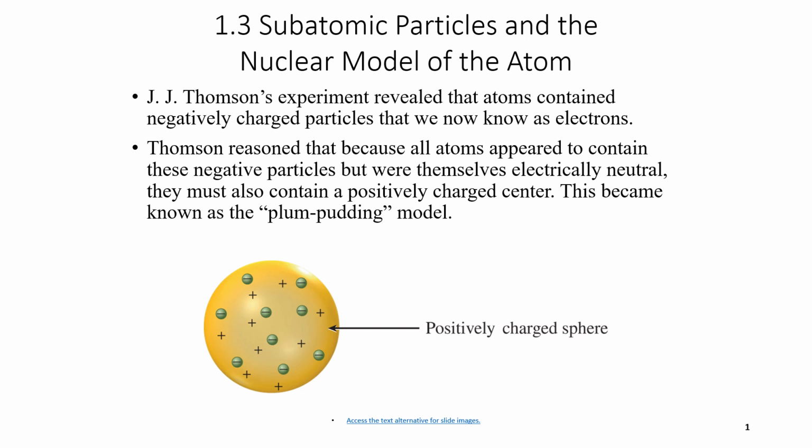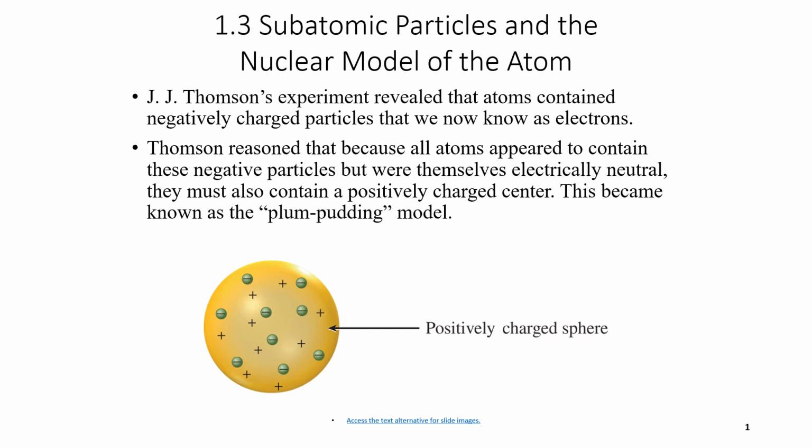The first experiment that yielded results toward this was the J.J. Thomson experiment that revealed the fact that atoms contained these charged particles, and they were negatively charged, and they were called electrons. Thomson also thought that because the atoms themselves are neutral, there must be something that is offsetting this negative charge of these particles.